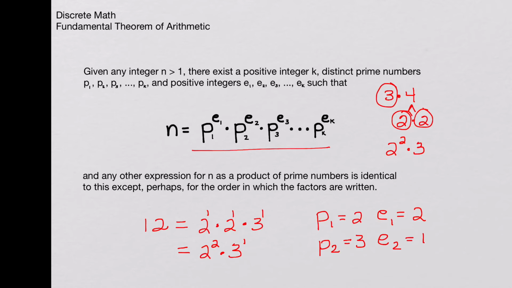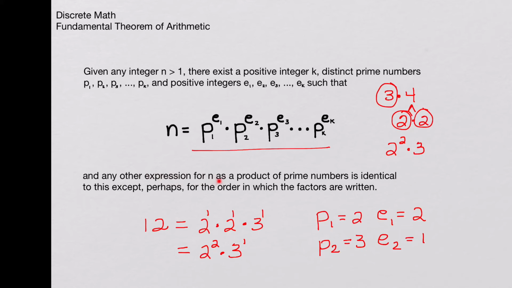Do you have to do that according to the fundamental theorem of arithmetic? No, you do not. It doesn't say that the P1 through PK are in order. It's nice to do that because then we all get exactly the same order. But they did allow for that, right? They said there's only one way to do this.